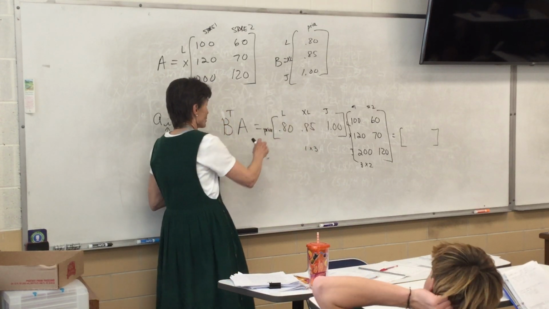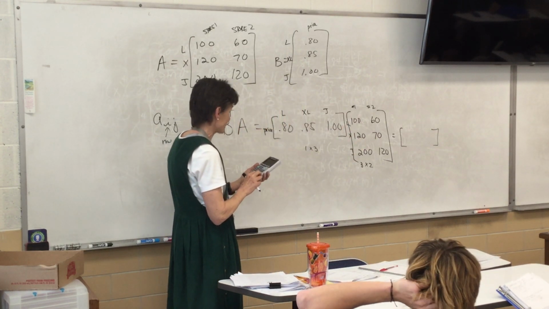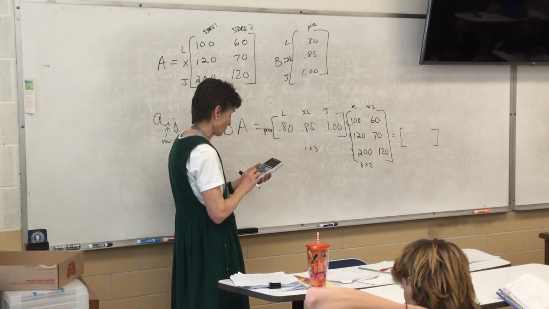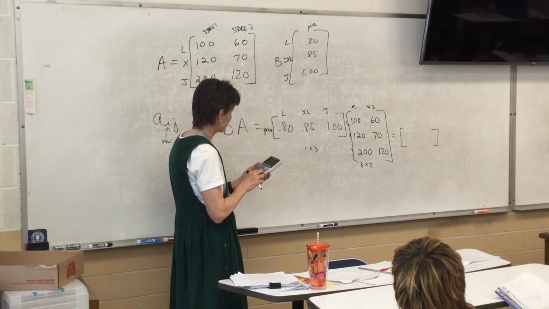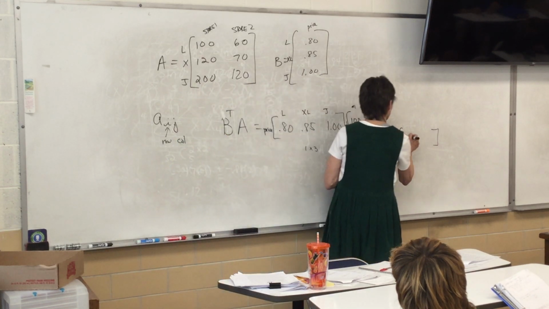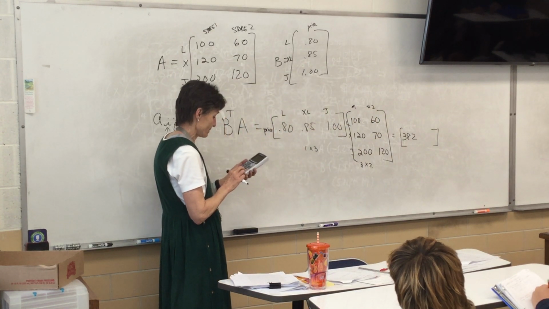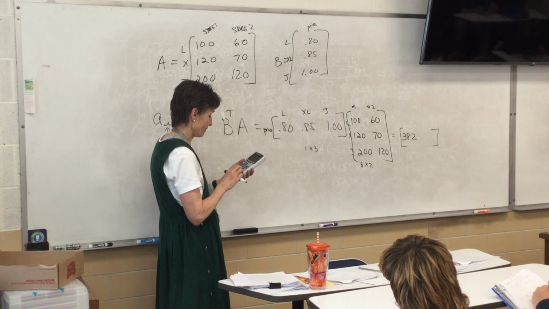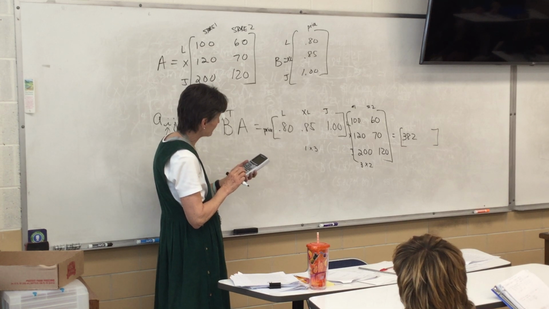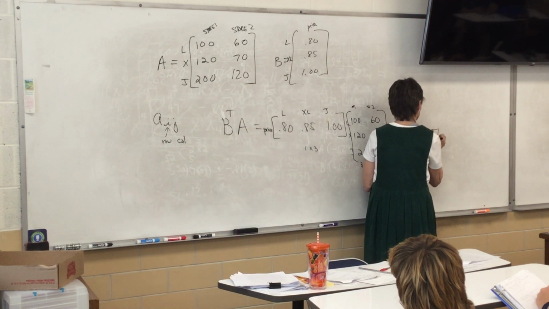So, row times column. 0.8 times 100 plus 0.85 times 120 plus 1 times 200. I got 382, I hope that's right. Then 0.8 times 60, 0.85 times 70, and 1 times 120. 227.50.